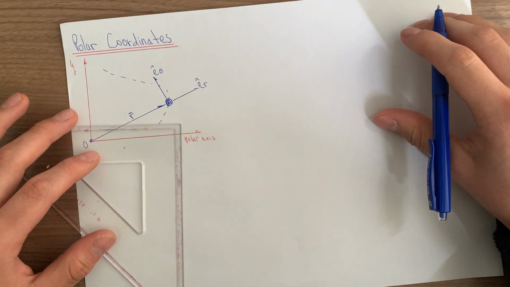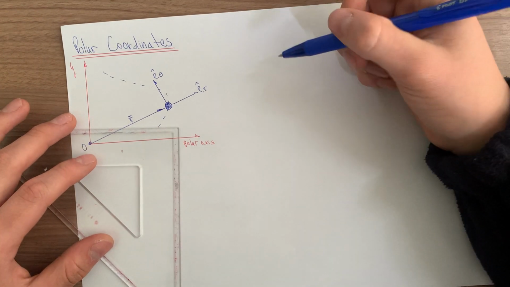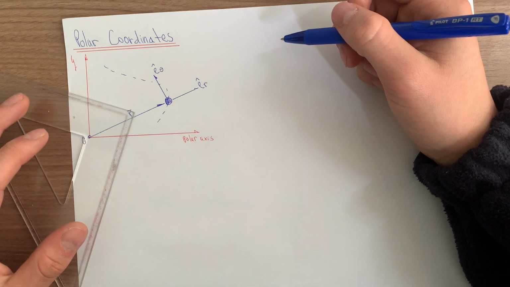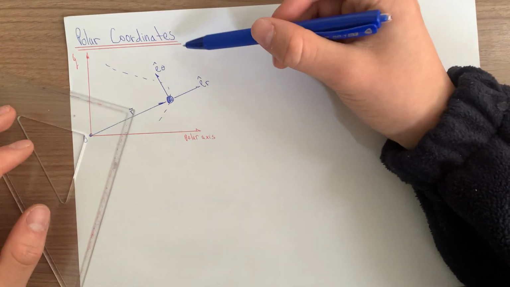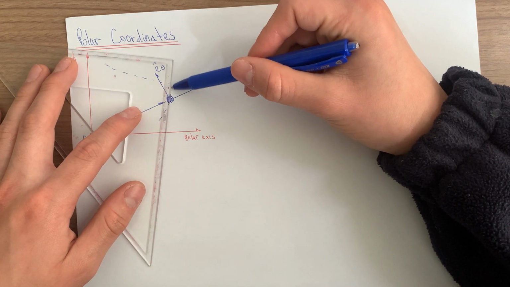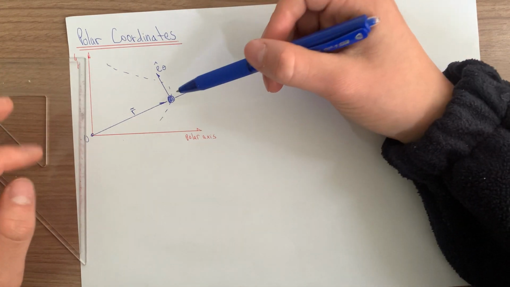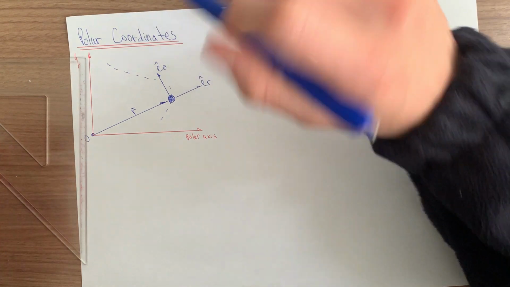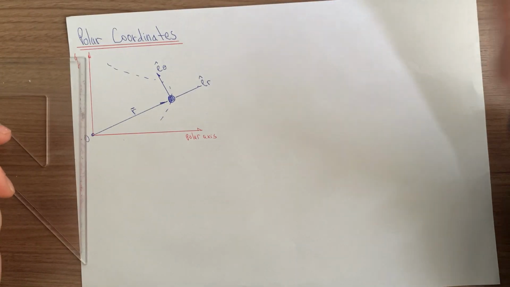As you may be thinking, oh, but in normal tangential coordinates, there was one vector that was always tangential to the trajectory, but now it is not. It doesn't matter if it's tangent or not to the trajectory.